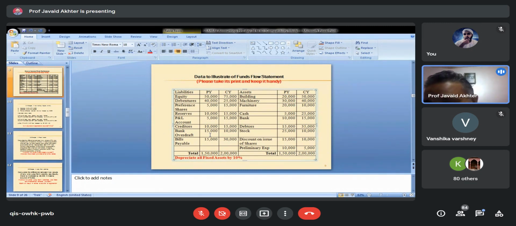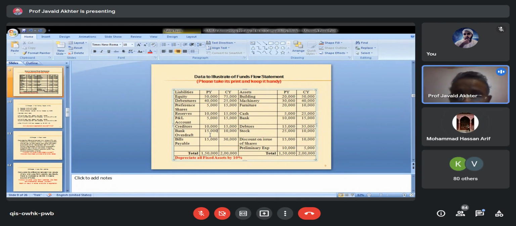That means 5,000 you have paid. So this 5,000 is your application. That means individual items of current assets and individual components of current liabilities, each one will either be a source or an application. Agreed?